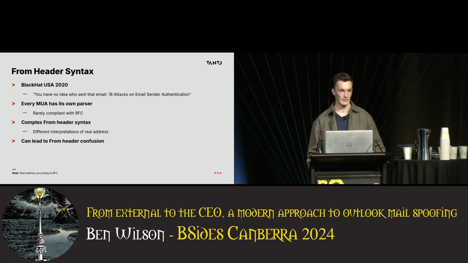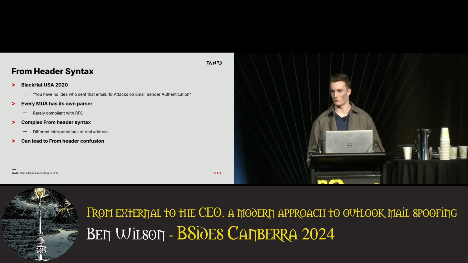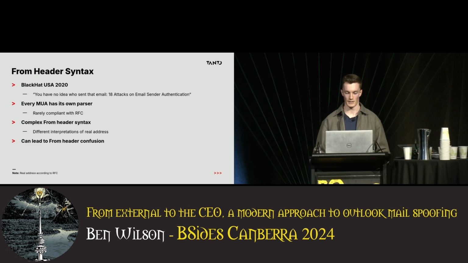So I decided to dive a little bit into the syntax of from headers. I found a talk from Black Hat USA, a really good talk called You Have No Idea Who Sent That Email, 18 Attacks on Email Sender Authentication. A really comprehensive talk which presents a number of different novel techniques for spoofing emails.